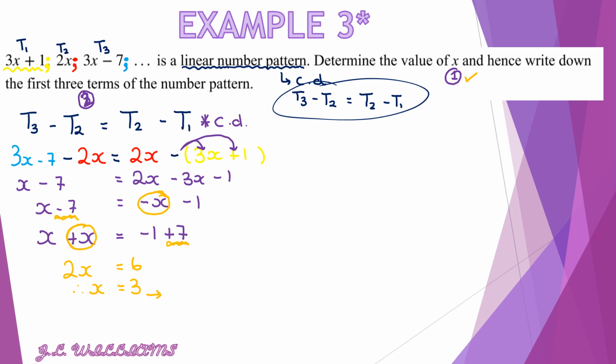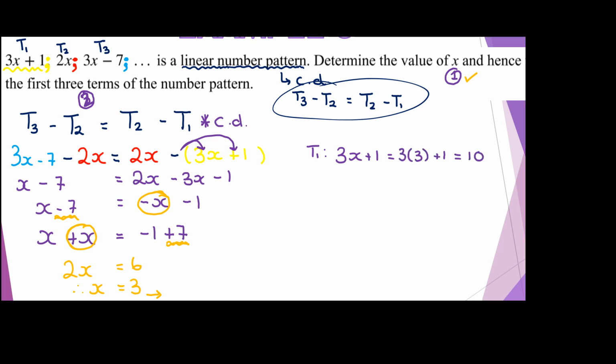So the first term, let's call him term 1, is 3x plus 1, which is 3 times 3 plus 1, which is 10. Our second term was represented by 2x, which is equal to 2 times 3, which is equal to 6.